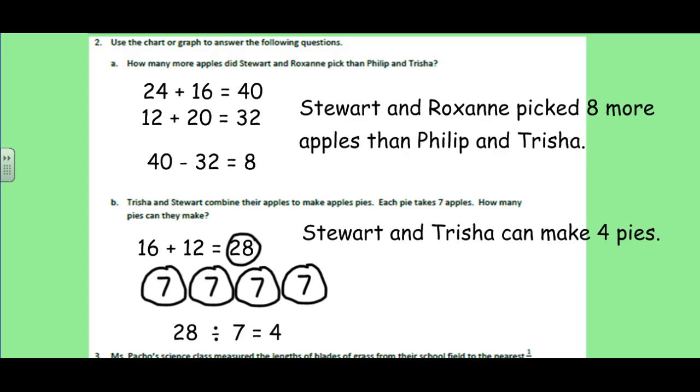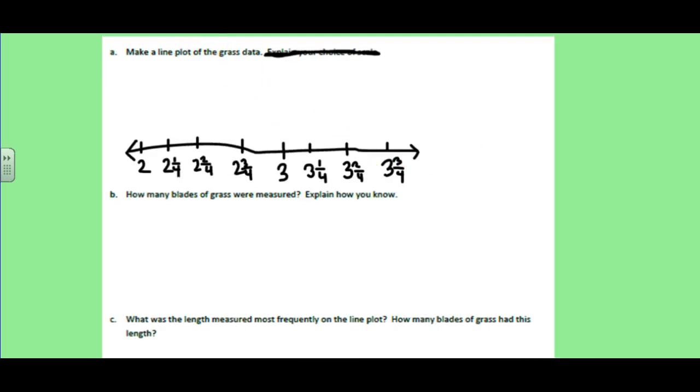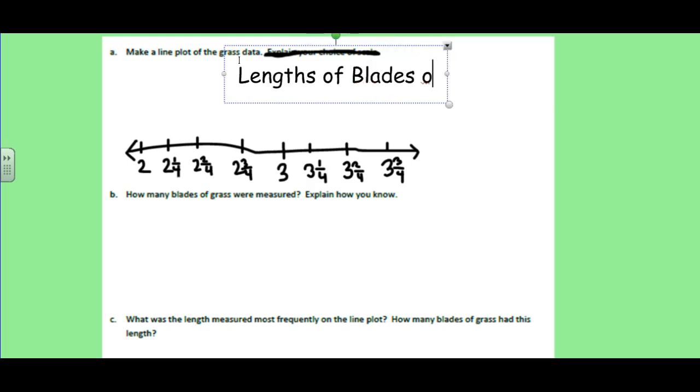Going back to the chart, the title is lengths of blades of grass, so we're going to need to put that on our paper for our title, so length of blades of grass, if I can spell correctly.